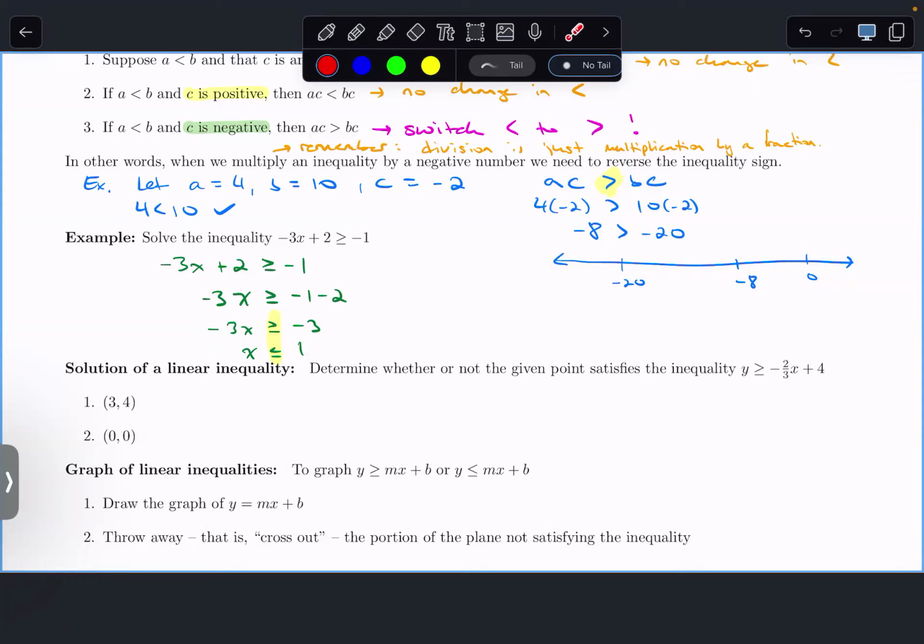Let's do 0. That's nice. So you can check by letting x be 0, then negative 3 times 0 plus 2 is 2, which is greater than or equal to negative 1. So that's true.